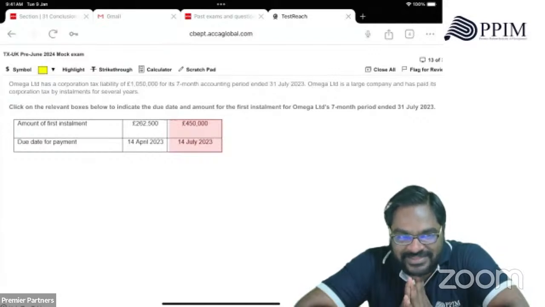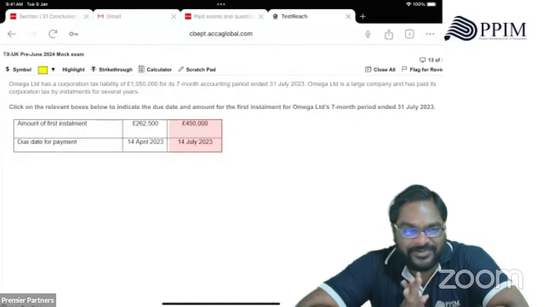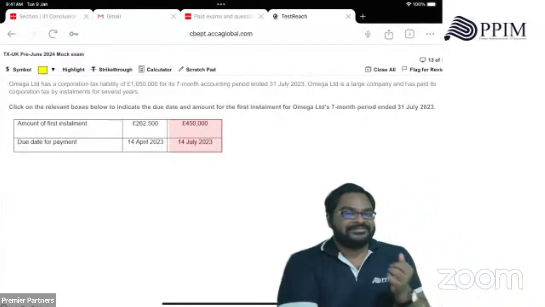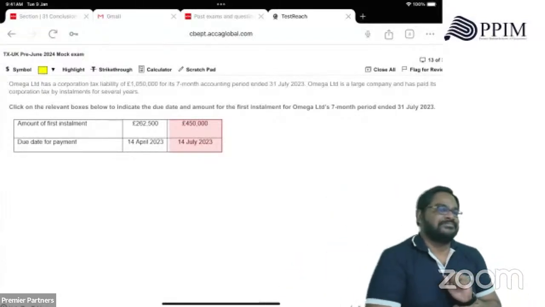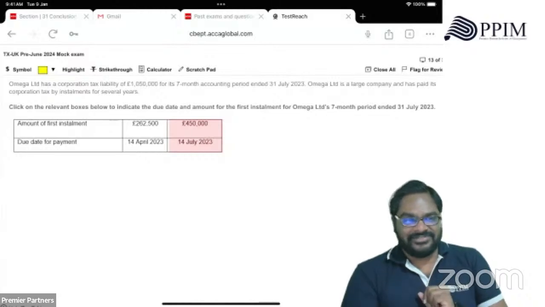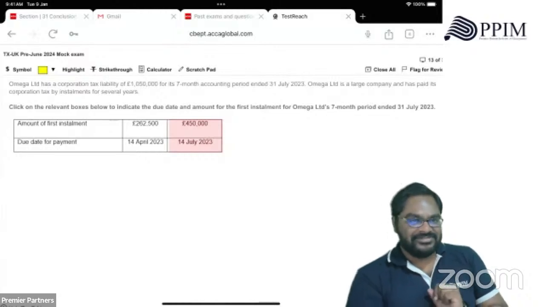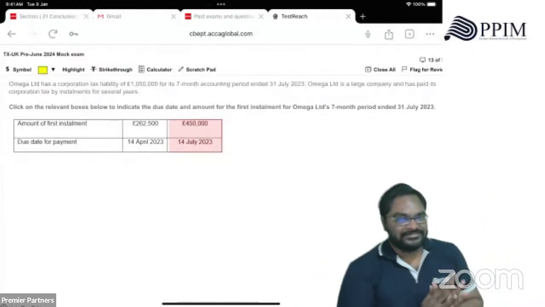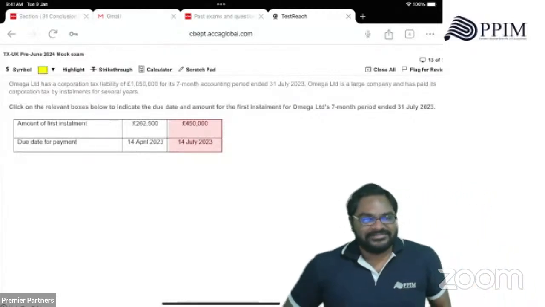Starting from the 7th month itself, right? Then 7th month is which one? July. Deadline is 14th. So 14th July 2023 would be the due date for the first installment. Agree? Right. So that is if quarterly. They are saying it's a large company. If it is a large company, it's going by the quarter, right? Otherwise 9 months after the accounting period.